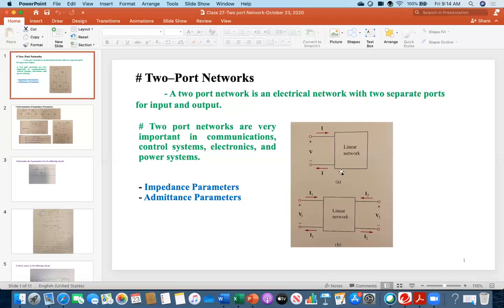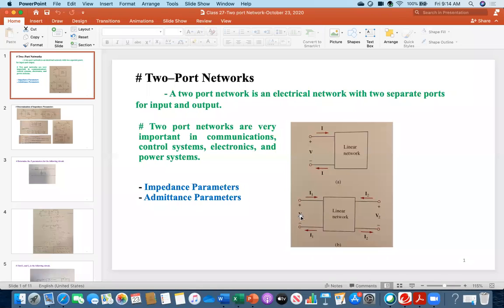So see this one, and then see the bottom figure. Again, the linear network, whatever the component is, resistance, inductance, capacitance, whatever the component inside, here you can see there are two terminals here, and another two terminals here. Therefore, the left side, two terminals, makes one port, and the right side is another port.